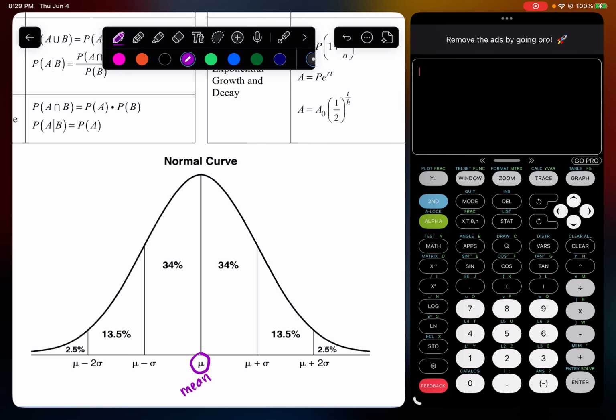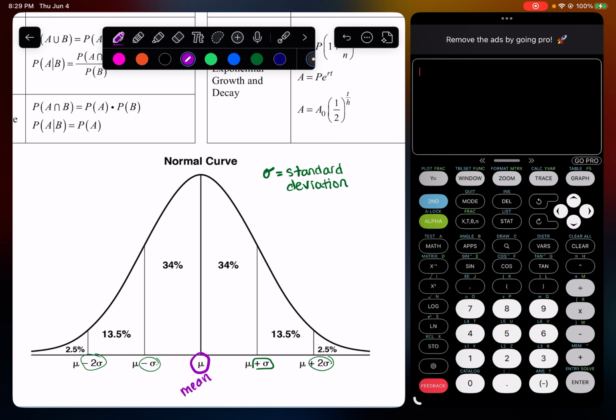The other key piece of vocab here: our mean is the average, the sum of values divided by the number of values. The key Algebra 2 concept is the standard deviation. That is this symbol here. This is your standard deviation. Standard deviation is a measure of how far the responses are spread out from the average.